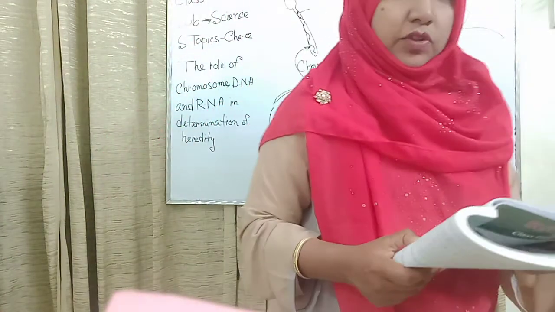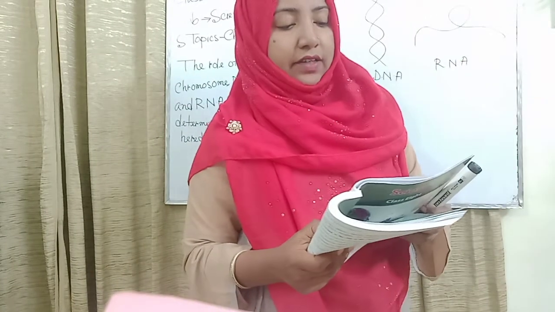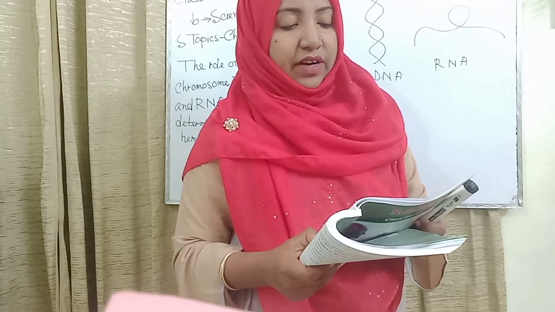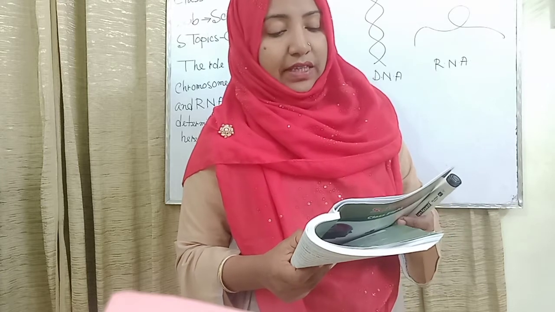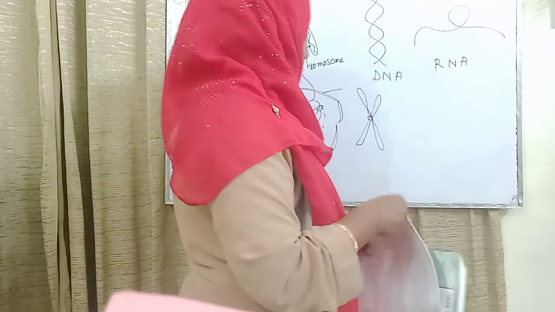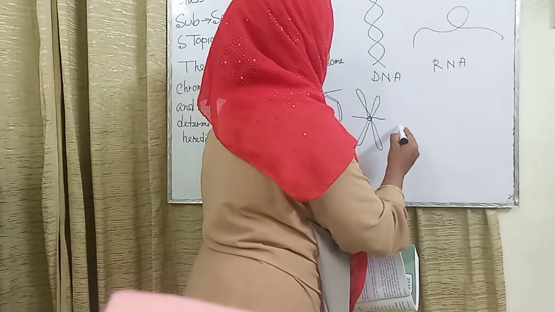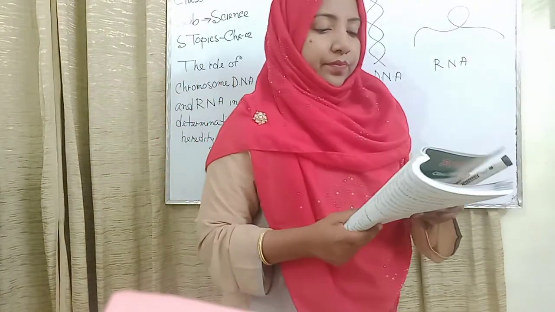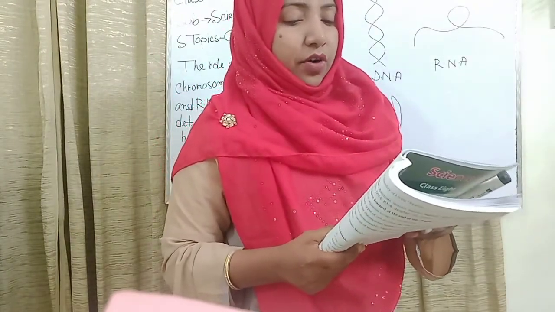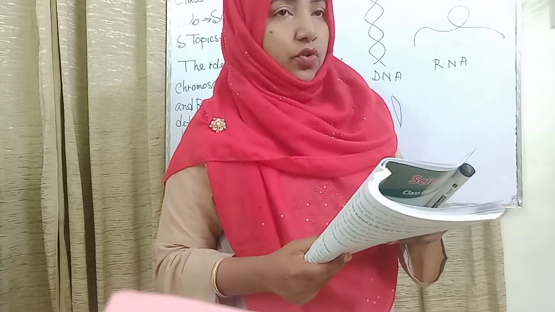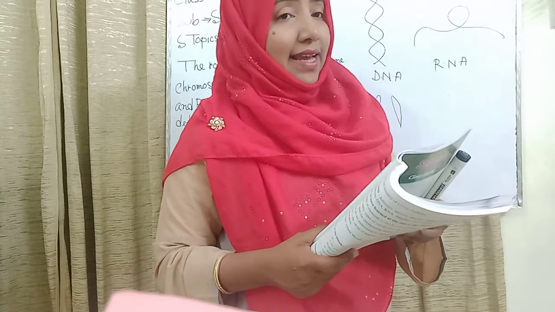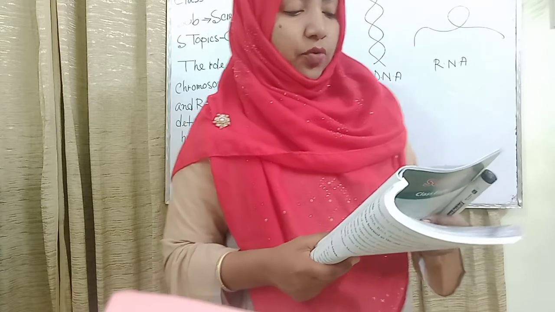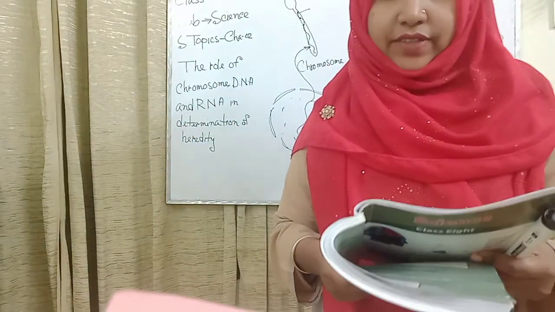At prophase stage, each chromosome divides longitudinally into two equal parts known as chromatids. The point where sister chromatids are joined is called the centromere.